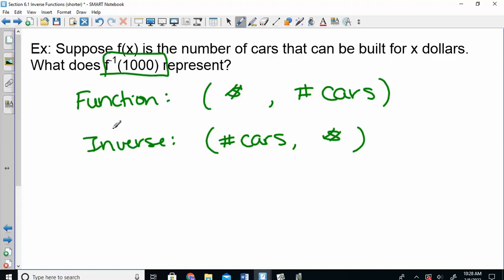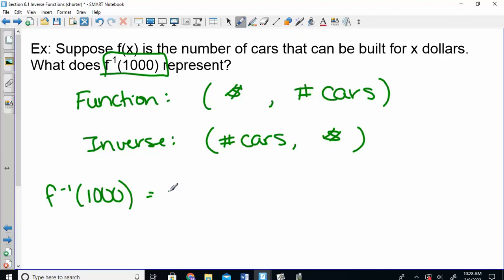So when I ask what f inverse of 1,000 represents, 1,000 is the x in the inverse, and x in the inverse is the number of cars. I'm asking you for the y, which is the dollars.